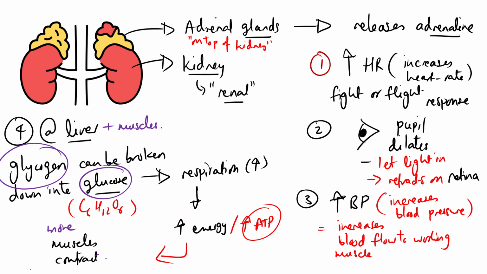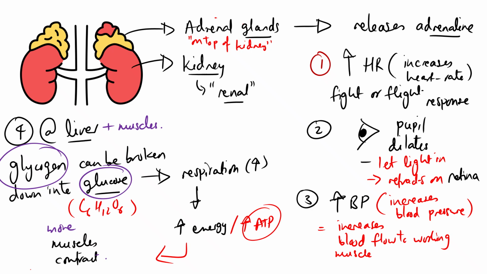Of course that's going to aid the boxer or the athlete or someone who's in danger, or even animals as well. When you see a lion attack a gazelle, the gazelle would have that adrenaline release. All that glycogen is going to be broken down into glucose. That glucose is going to be used in respiration, more energy release, and the gazelle's muscles are going to contract in a way that will move it away from the dangerous stimuli.